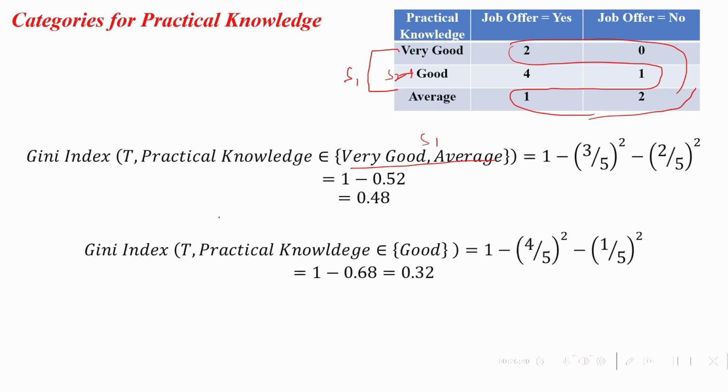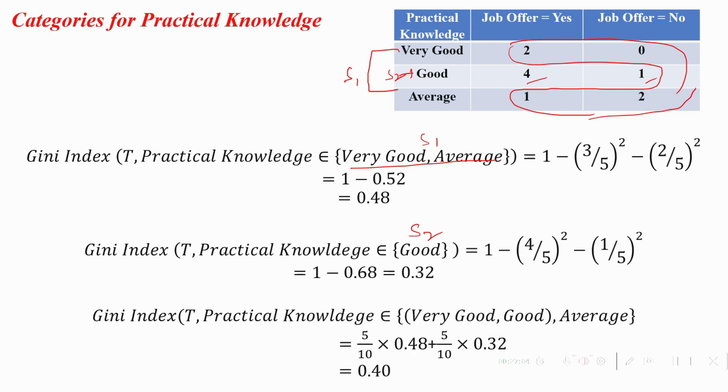Now the Gini index of the target variable with respect to practical knowledge for subset 2. Subset 2 contains 5 elements. Out of 5 elements, 4 belong to yes and 1 belongs to no. So that is equal to 1 minus (4 by 5) whole square minus (1 by 5) whole square, which is 1 minus 0.68, equal to 0.32.